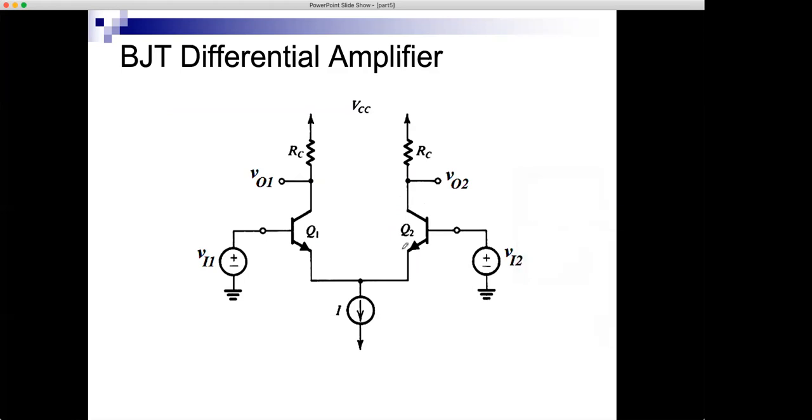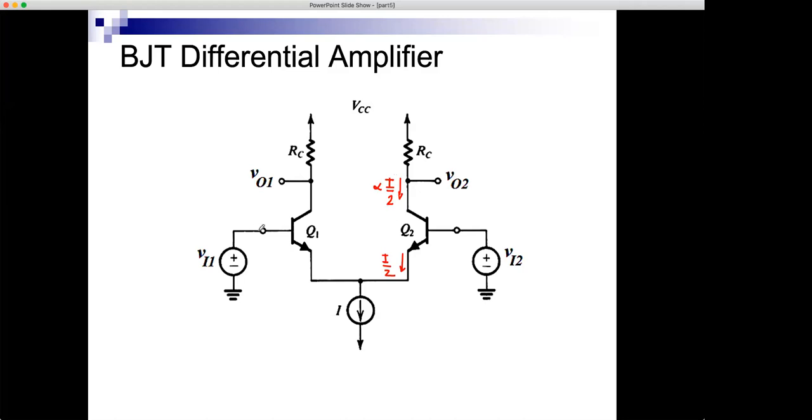So here, when VI1 is equal to VI2, I get I over 2. And here I get alpha I over 2. And I get a DC level at the output as long as the two inputs are equal, and they can be sine waves, triangular waves, square waves, whatever wave.